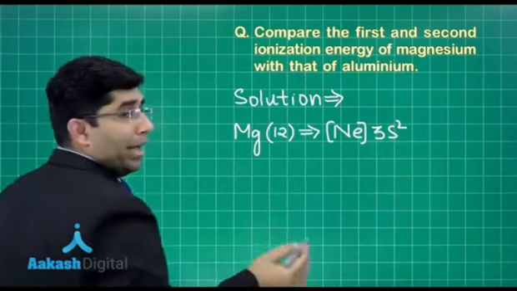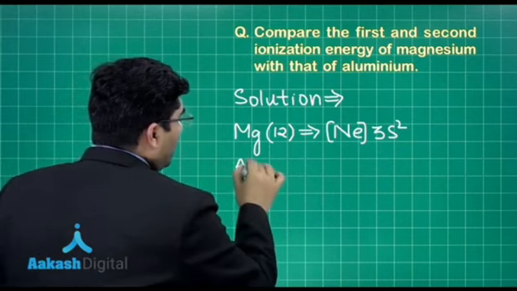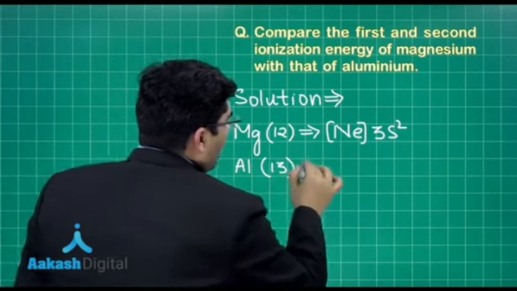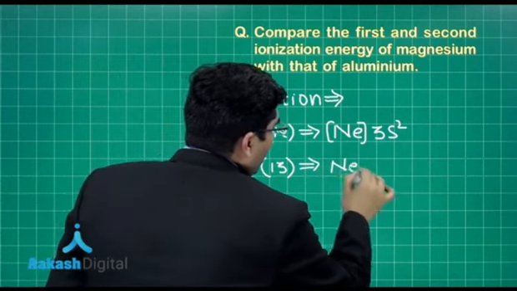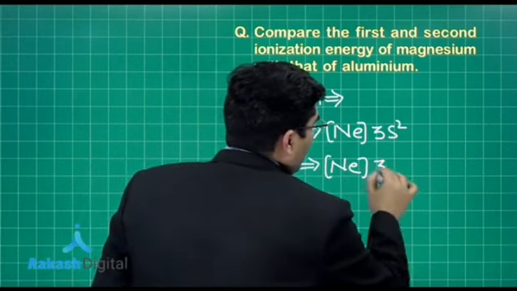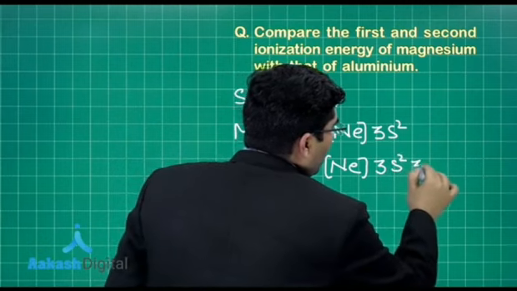And if we talk about aluminium, the atomic number is 13, the configuration is neon 3s2 3p1.